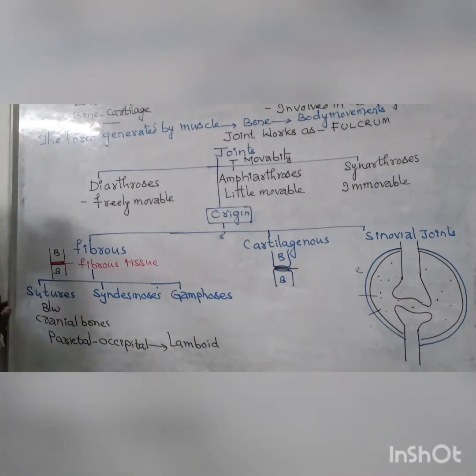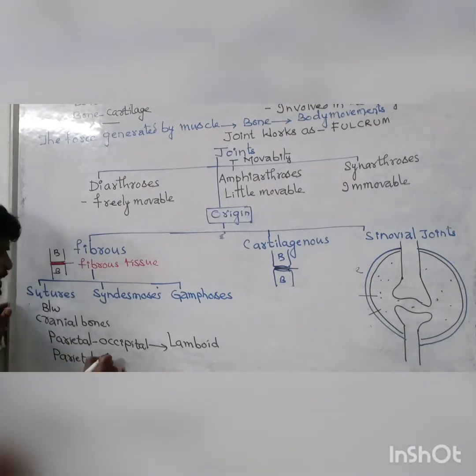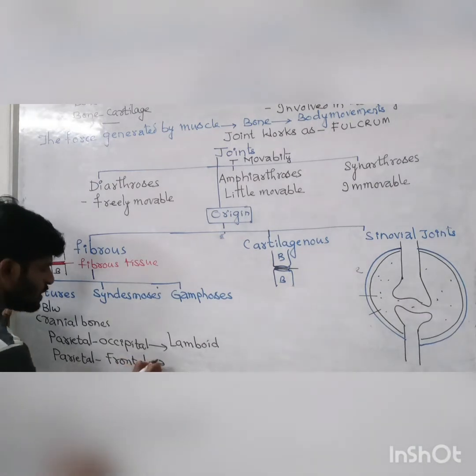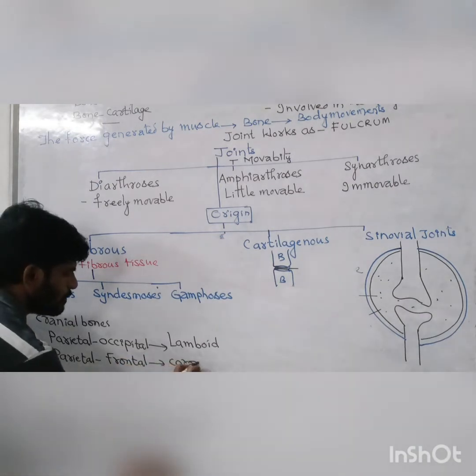Between the parietal and frontal, there is a suture called the coronal suture.